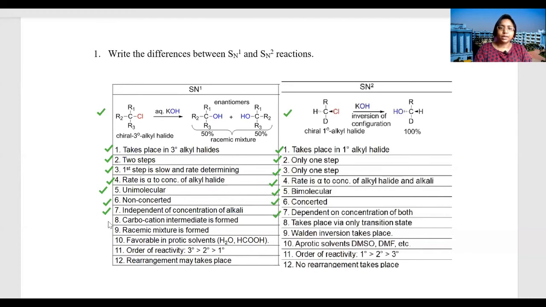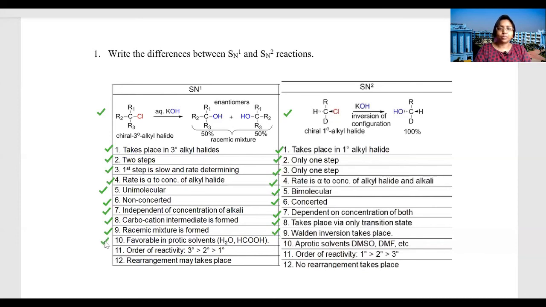In SN1, a carbocation intermediate is formed; in SN2 it takes place via only a transition state. In SN1 a racemic mixture is formed; in SN2 the Walden inversion takes place.